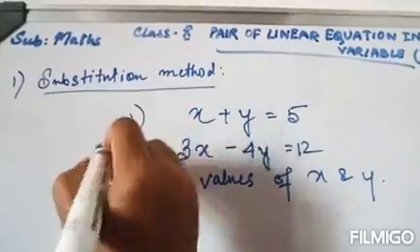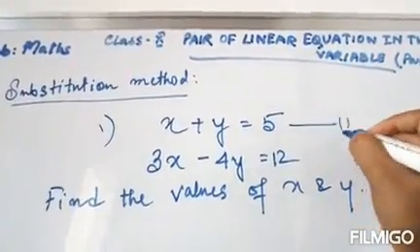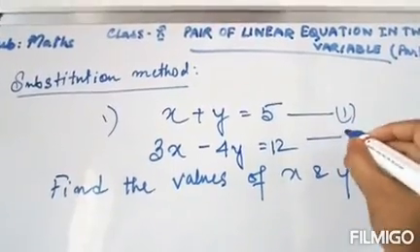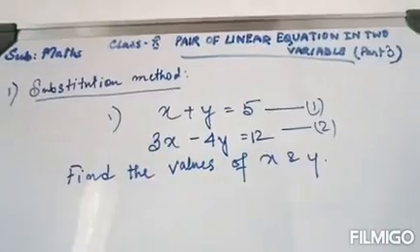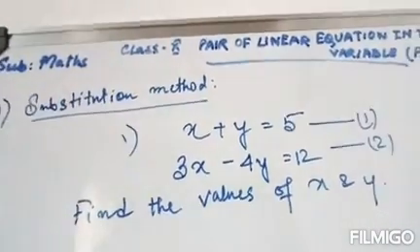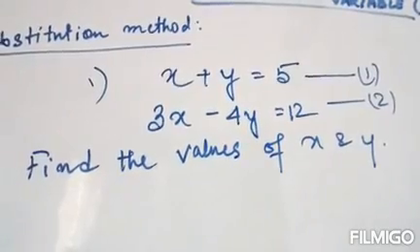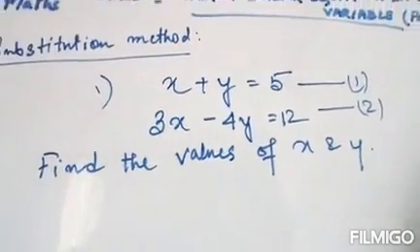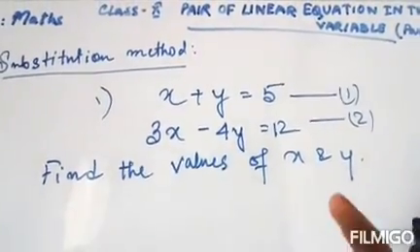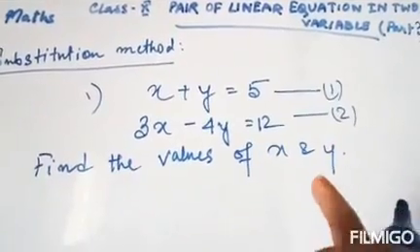Let this be our equation 1 and this is equation 2. Now we have to take any one of the two equations and make any one variable the subject of the formula. Either x or y we can make the subject, and we use one equation to find its value.